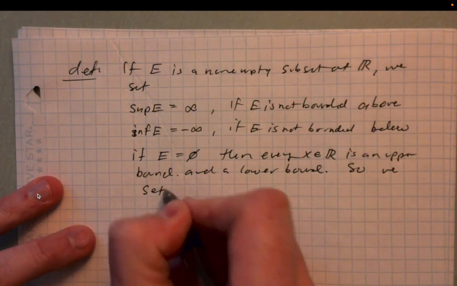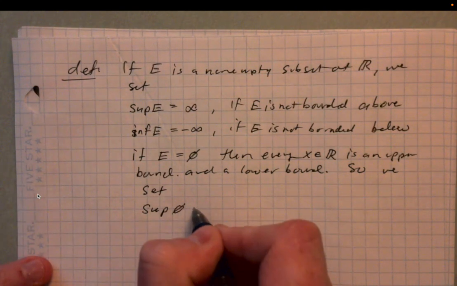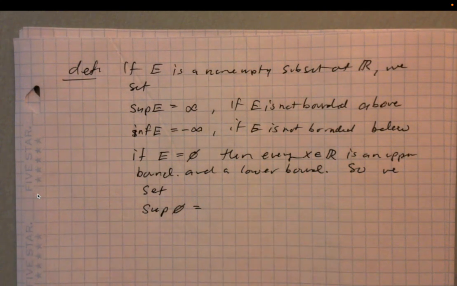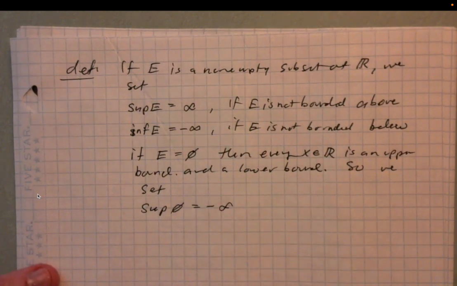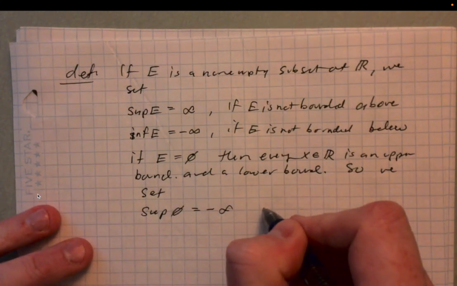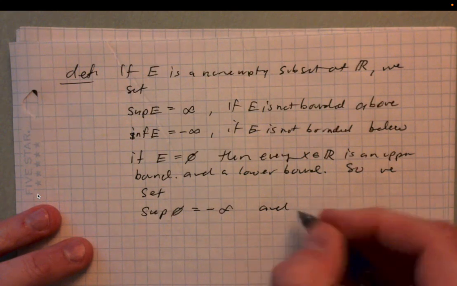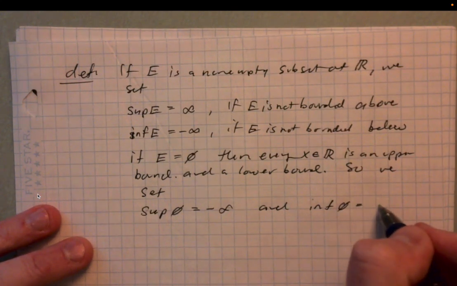we set the supremum of the empty set equal to, so what do we think the least upper bound of the empty set ought to be if every x in R is an upper bound? Well, paradoxically enough, it's negative infinity. The least upper bound of the empty set is negative infinity, and the greatest lower bound, the infimum of the empty set, happens to be infinity.